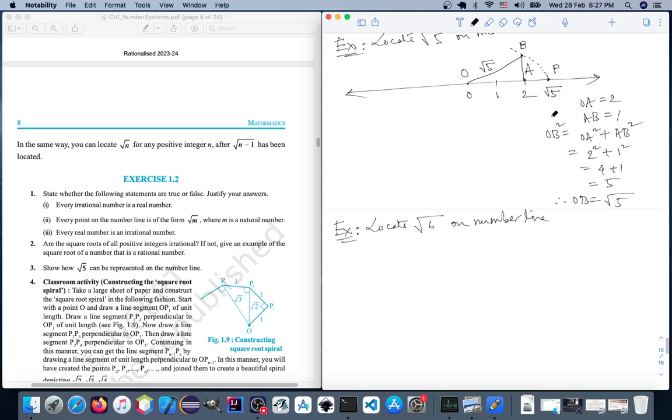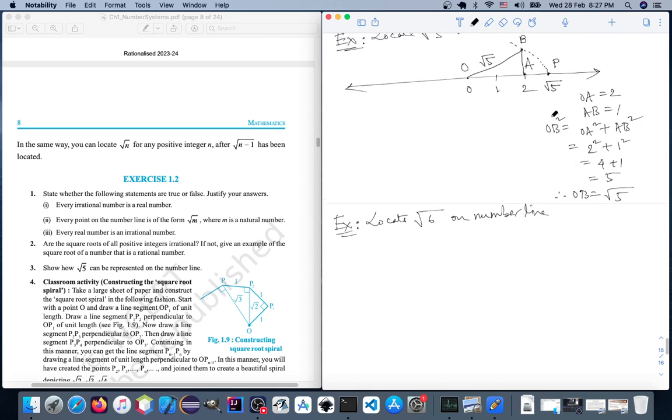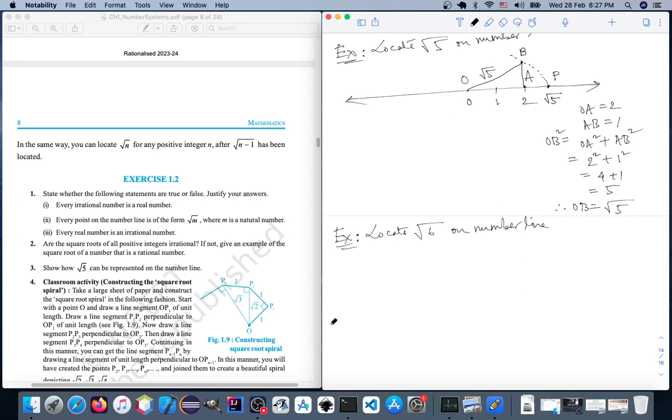Let's say we have already located root 5. I am redrawing the diagram for the previous example.